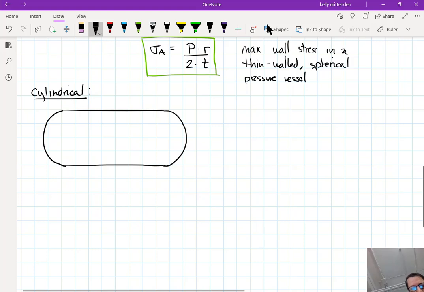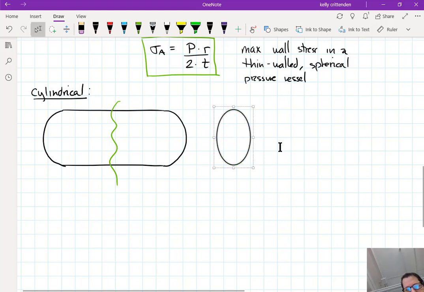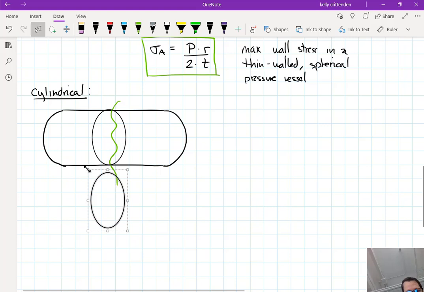We're ignoring all that. So one thing is I could cut this somewhere through the middle here, and if I did that, its cross section would look exactly like the one we just did.